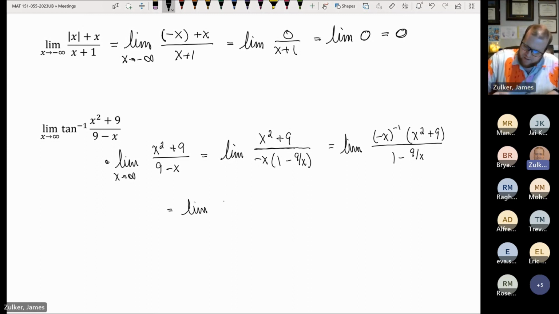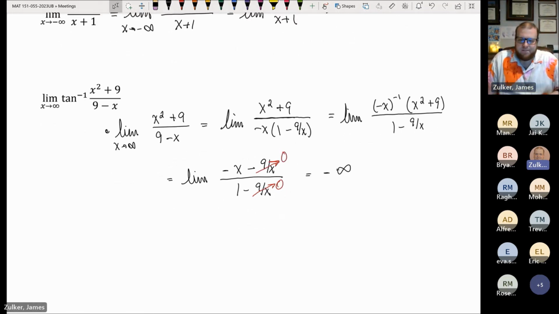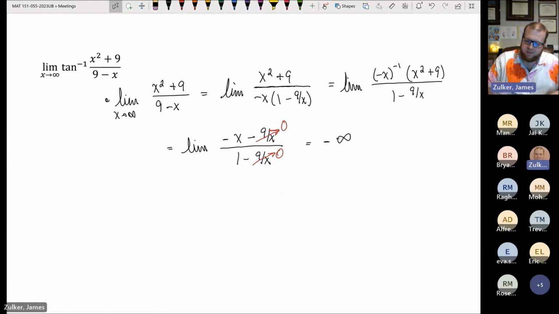We're going to have negative x minus 9 over x in the numerator. And that is negative infinity, right? So here's what we do. We do substitution. Or not substitution, I'm sorry, we do a change of variable.